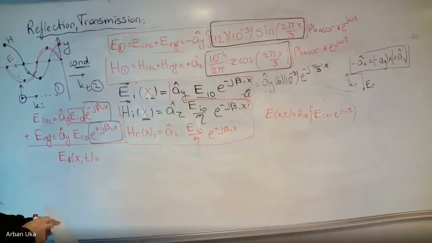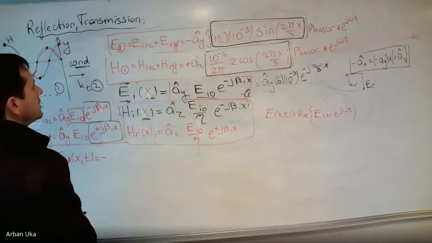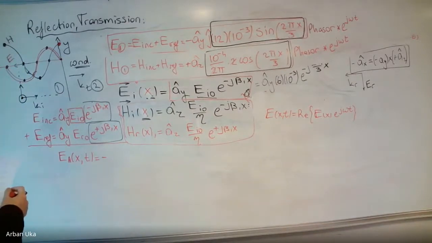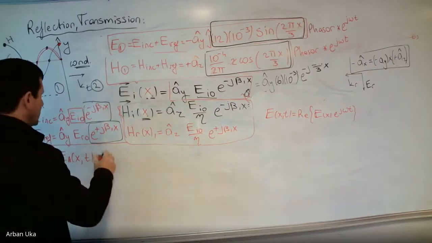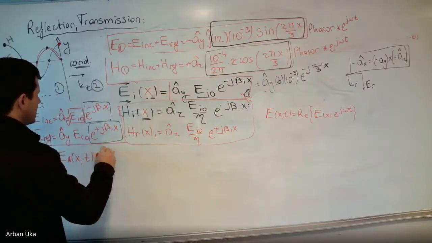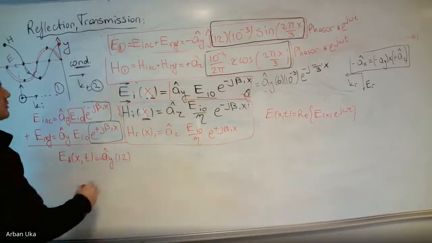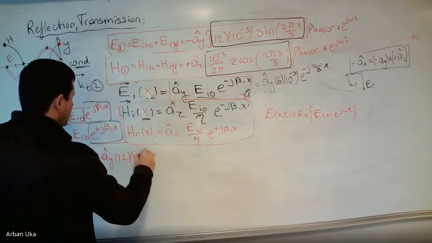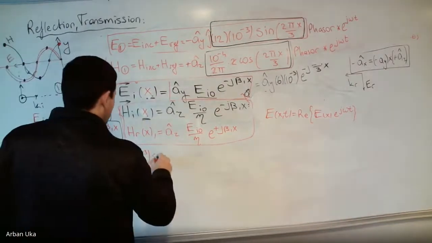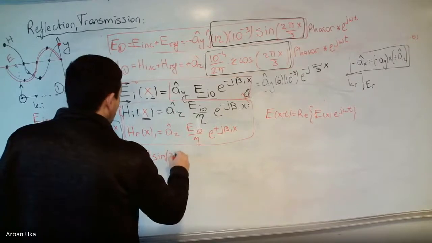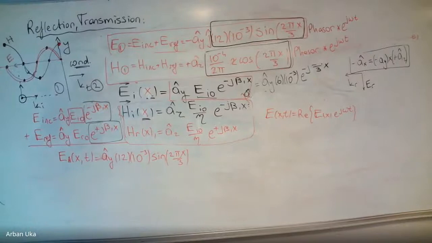So if we take that out, and from this expression, we can take out these, okay? This is going to be equal to minus, actually, let's keep the minus inside. If we keep the minus inside, we can write for the electric field, this is AY times 12 times 10 to the power minus 3 times sine 2 pi x over 3, times minus j.